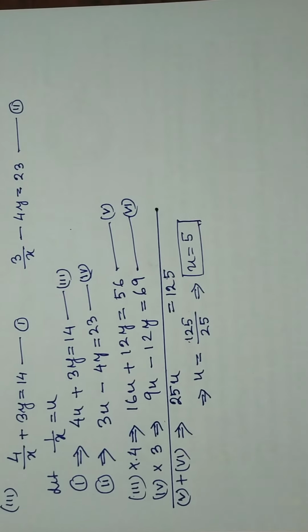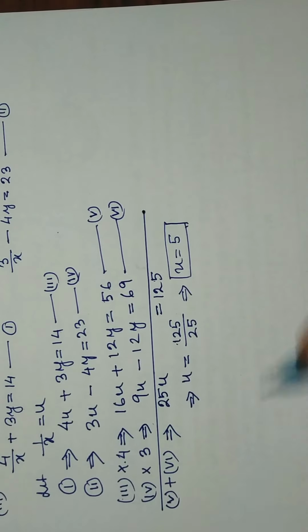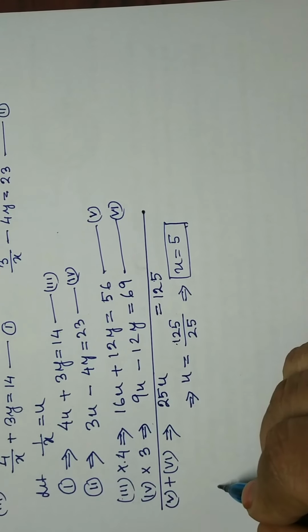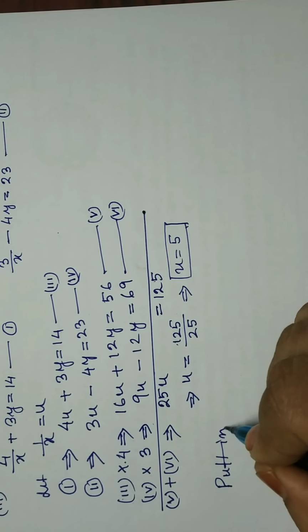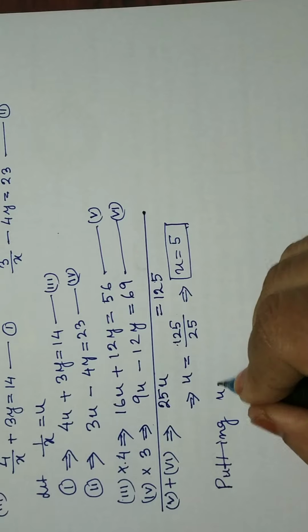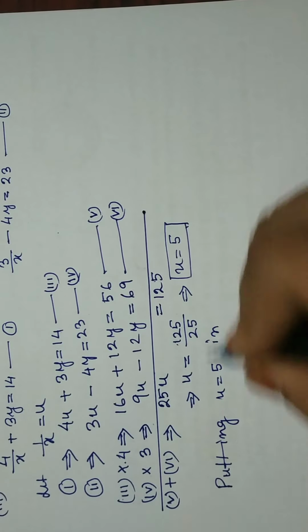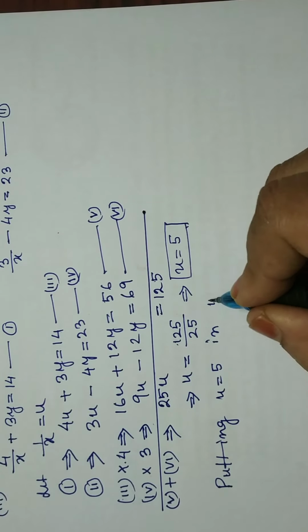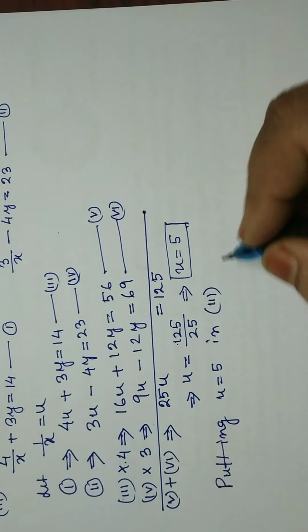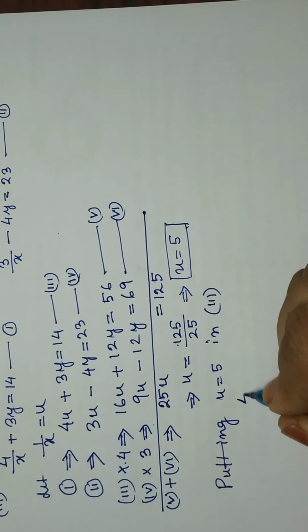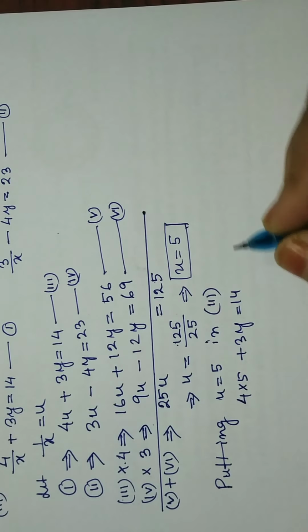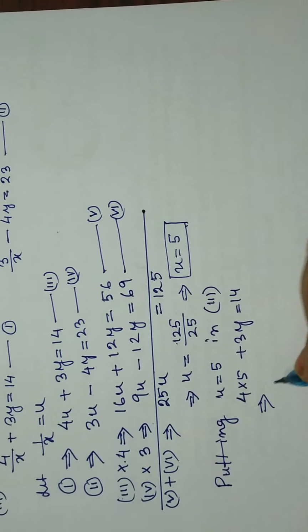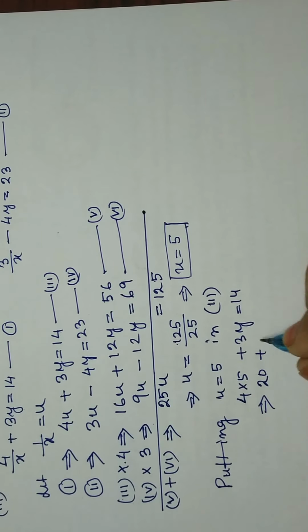Now we put the value of u in any one equation. Putting u equal to 5 in, suppose, equation number 3: 4 into 5 plus 3y equal to 14. This implies 4 fives are 20, plus 3y equal to 14.